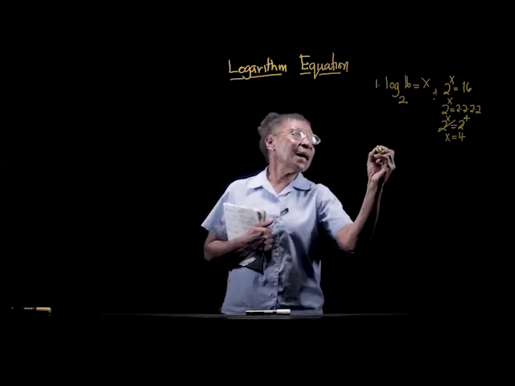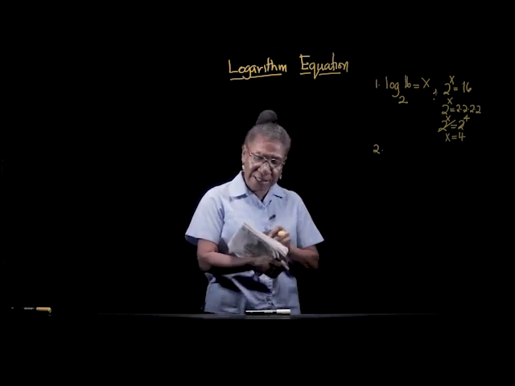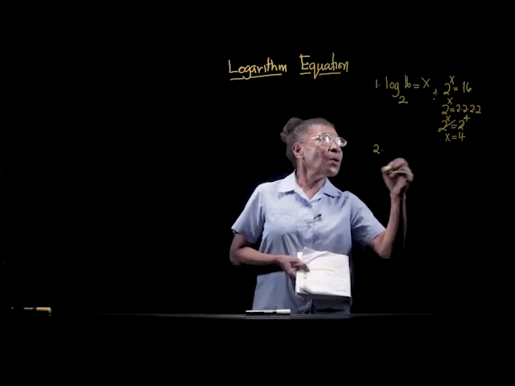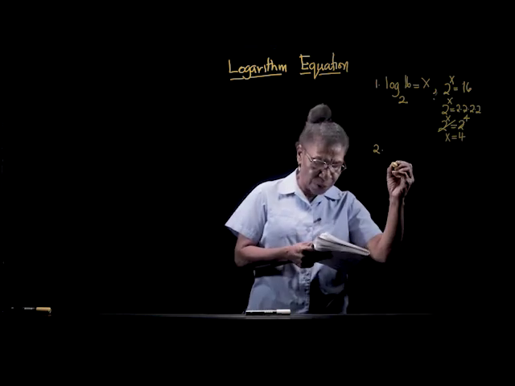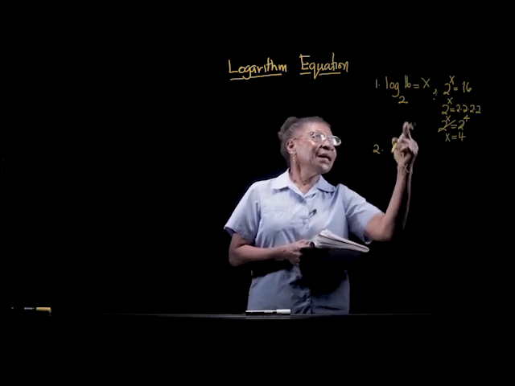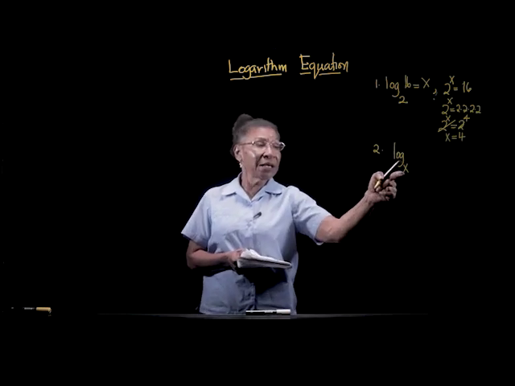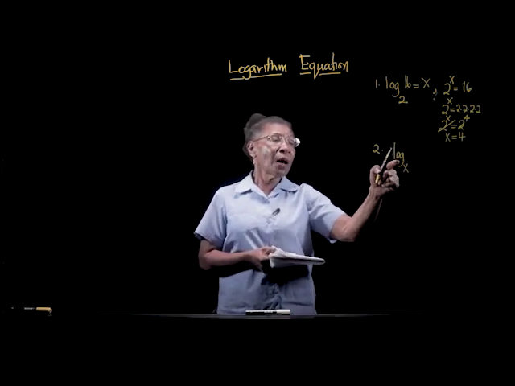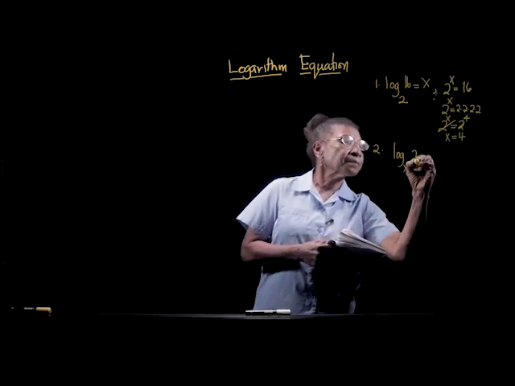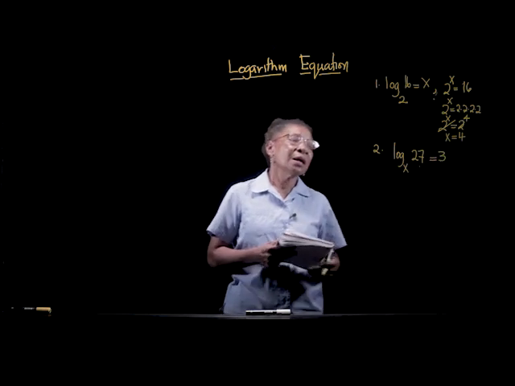Let's look at the second example. Example number 2 is the equation log base x of 27 is equal to 3.